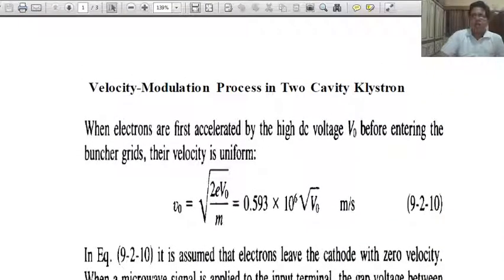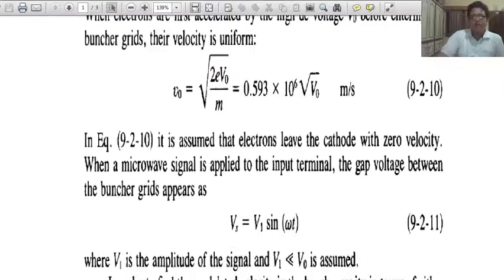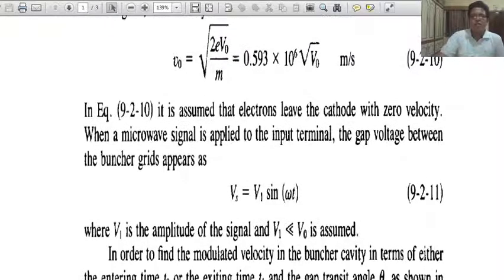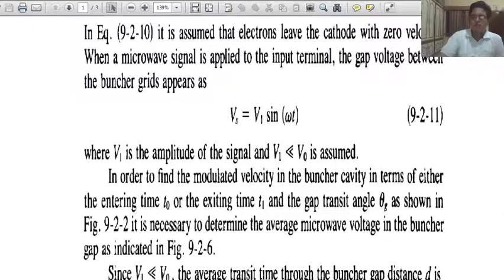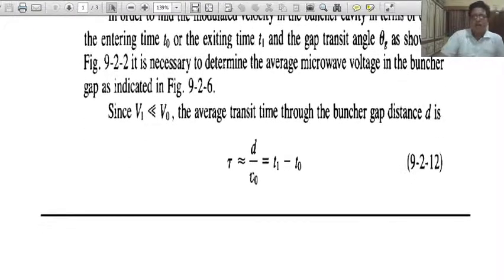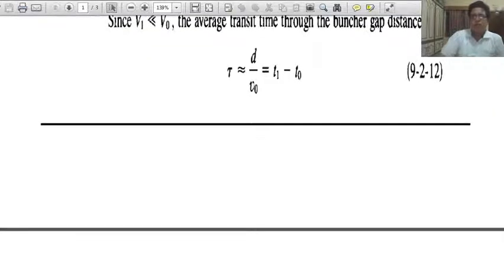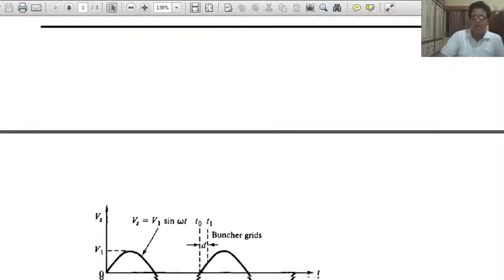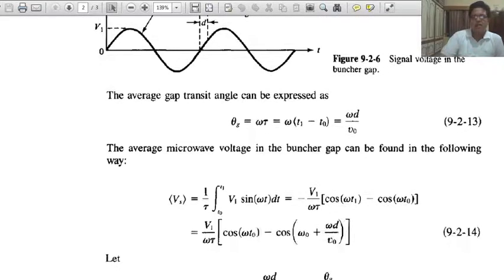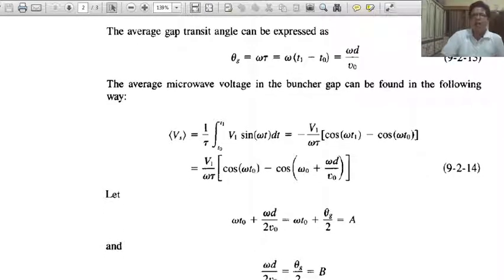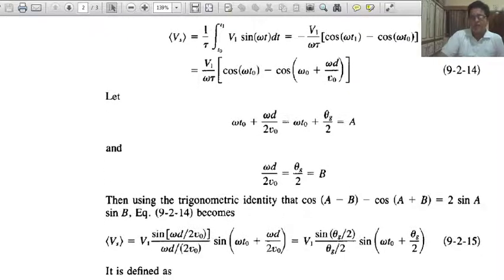In summary, electrons enter by a high DC voltage, and some velocity is gained by that potential. After that we apply a microwave signal, and after introducing the concepts of Buncher transit time, average gap transit angle, and the average microwave voltage, this gives additional velocity to the entering electrons.